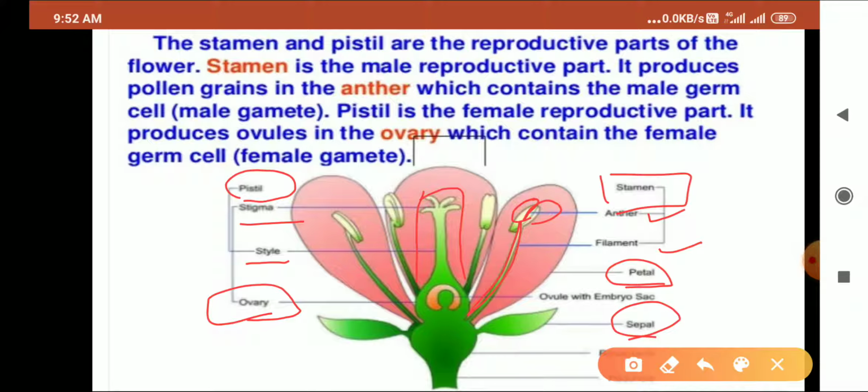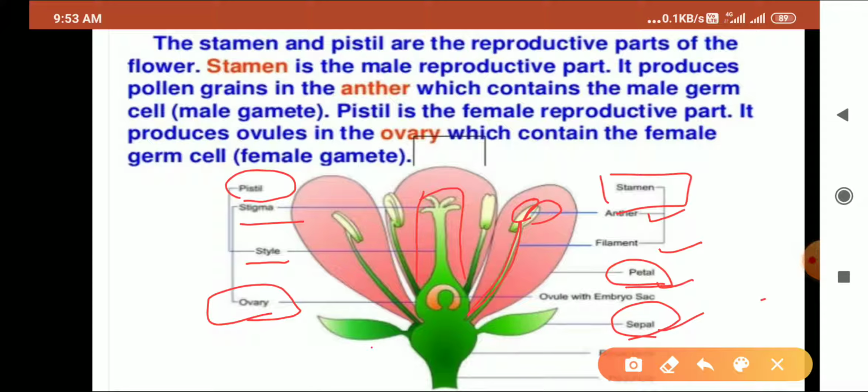The outermost whorl of the flower is the green colored part that helps in the protection of the flower. The petals and the sepals are the non-essential parts of the flower, and the stamen and the pistil are the essential reproductive parts of a flower.